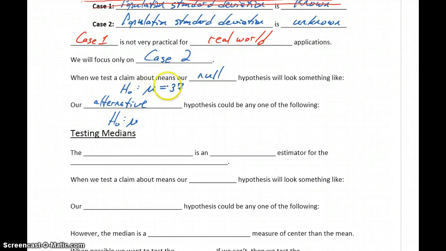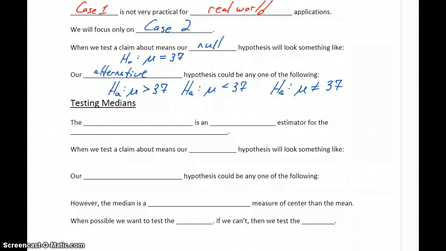So if our null is that mu is equal to 37, the alternative is a statement that it's somehow different from 37, so that could be greater than 37. HA, the alternative hypothesis, could be a statement that mu is less than 37. Or it could be a statement that the mean is simply different than 37. Larger, smaller, doesn't matter, just somehow different, or not equal to.